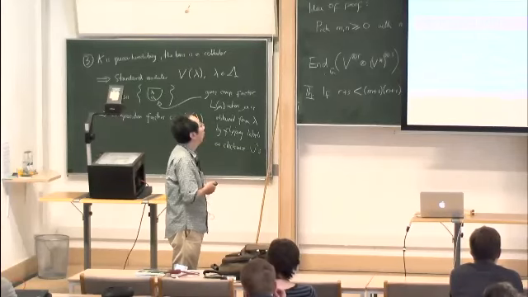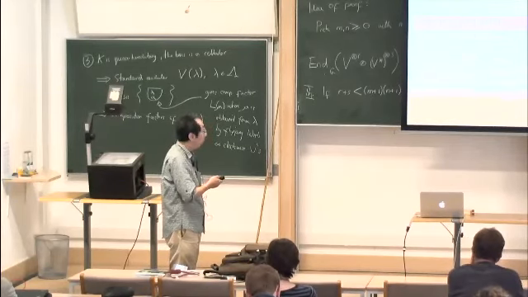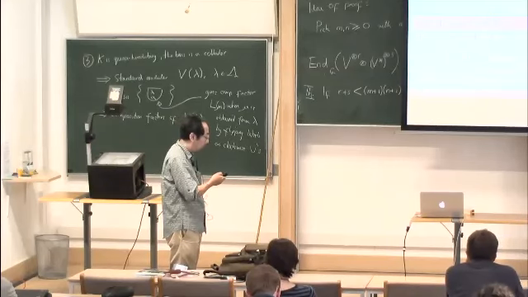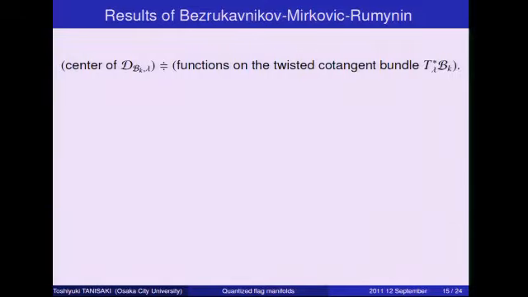And this is one point. And in fact, they proved more in this situation, in the case of positive characteristic, as follows. So this is a ring of differential operators on B_K, and in positive characteristics, the center of this ring becomes very large.